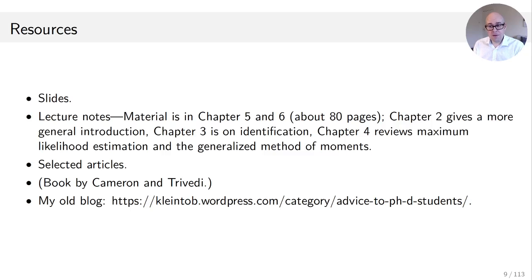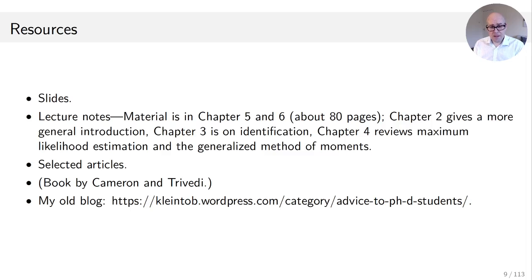Chapter 4 reviews maximum likelihood estimation. This is a more extensive treatment of what we're going to do here. So if you haven't seen that before, then I would recommend that you read that too. It also talks about the generalized method of moments.